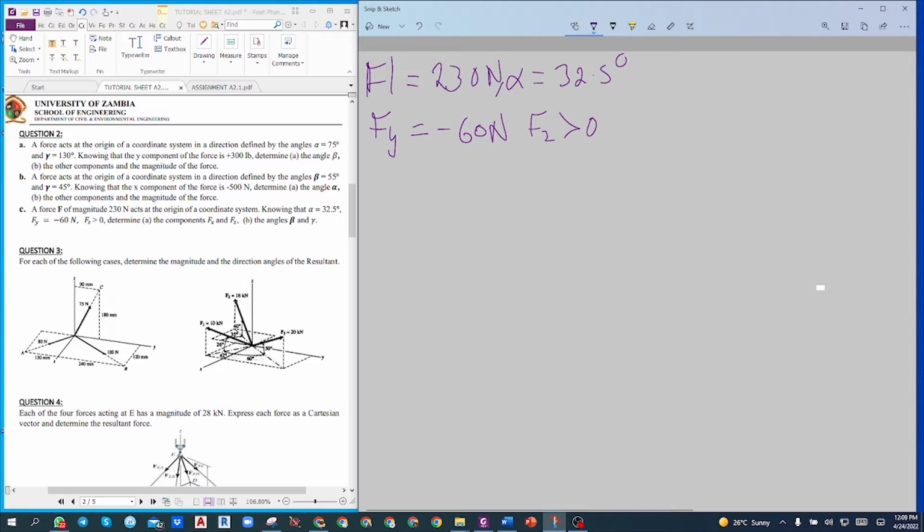Already I see how to find Fx. So I have the magnitude, I have the angle. So for Fx it's easy.